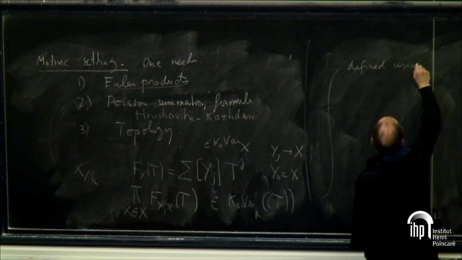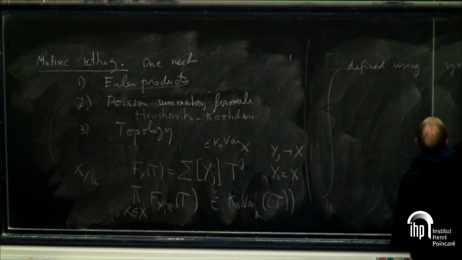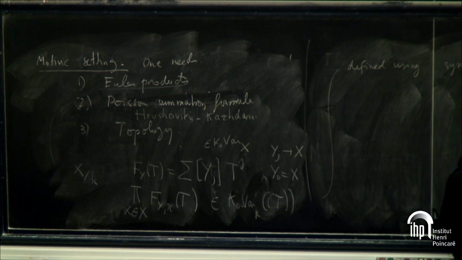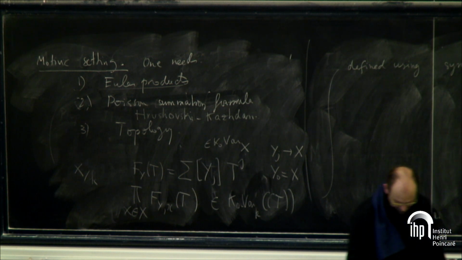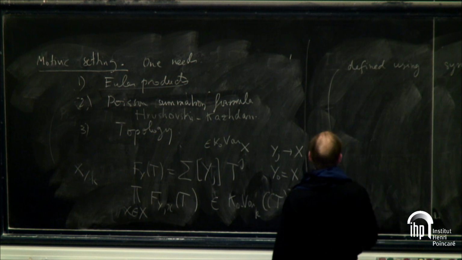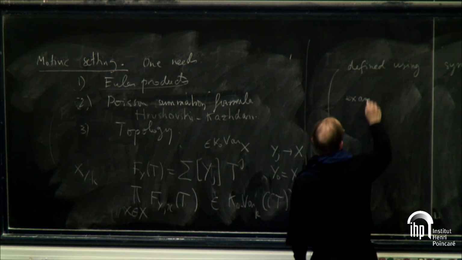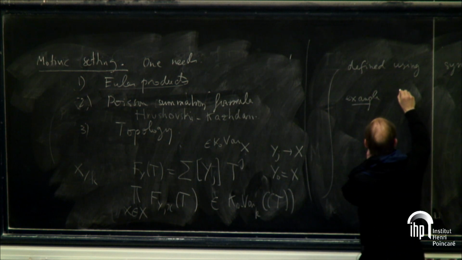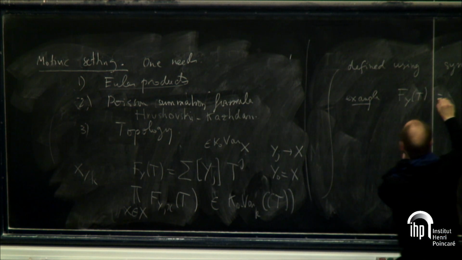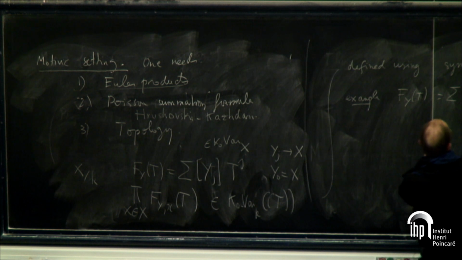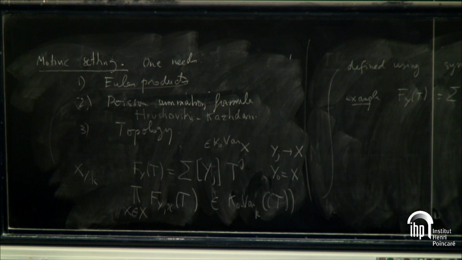It's defined using symmetric products and a lot of combinatorial work. But for example, if you take for F_Y(t) just the sum of t^j, it means that the class Y_j is just X, the identity.